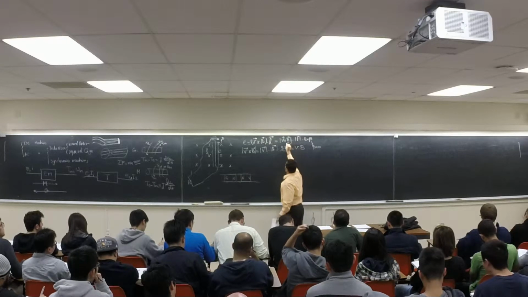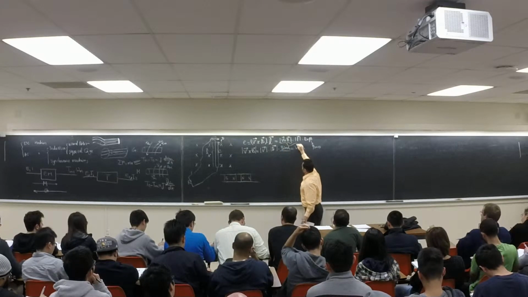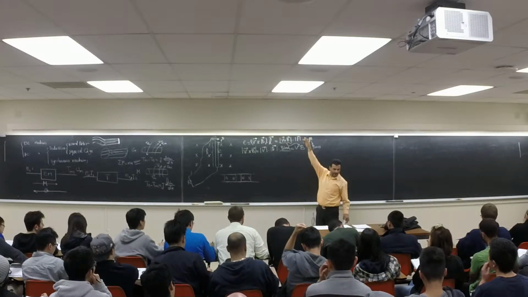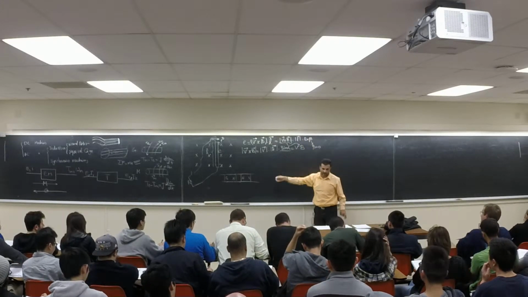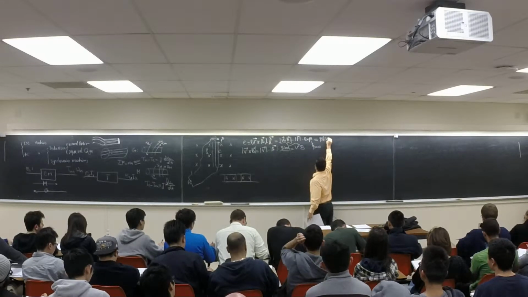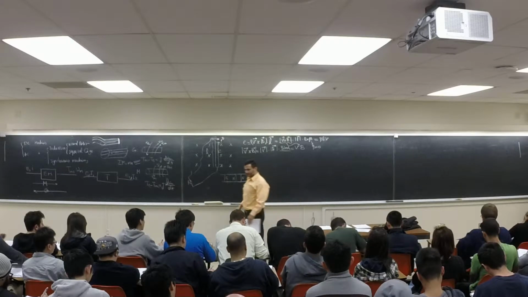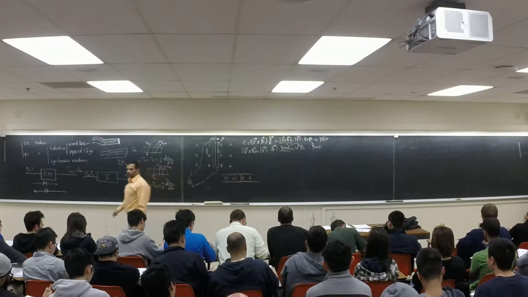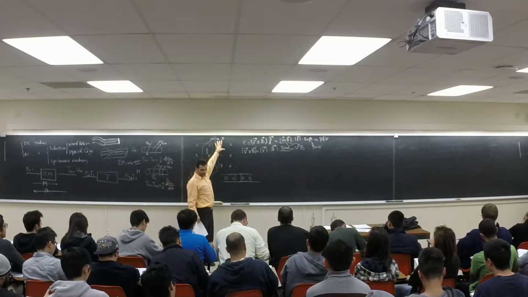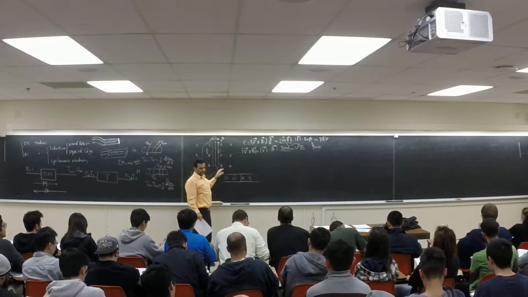The amplitude is VB, and the amplitude of vector L is L, the length of the wire. So basically it's going to be VBL. This is the induced voltage in this conductor.